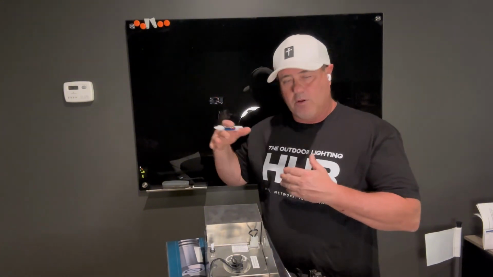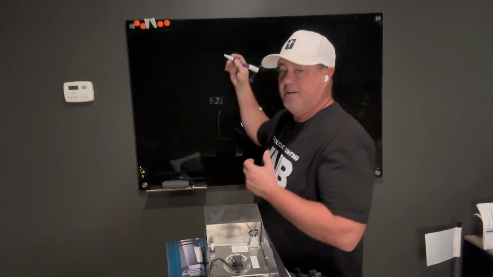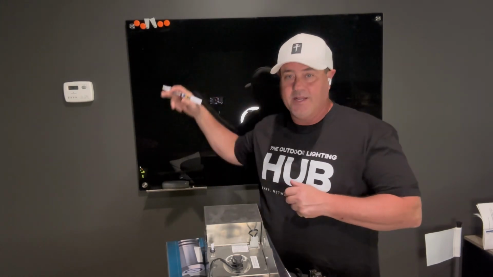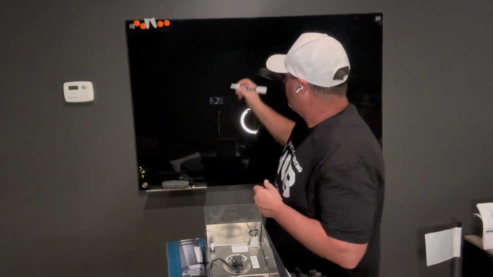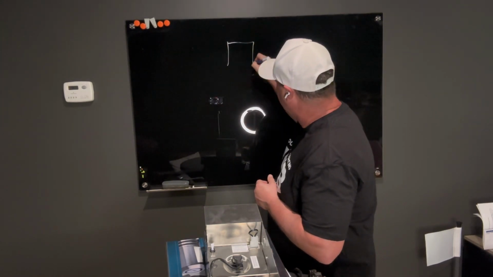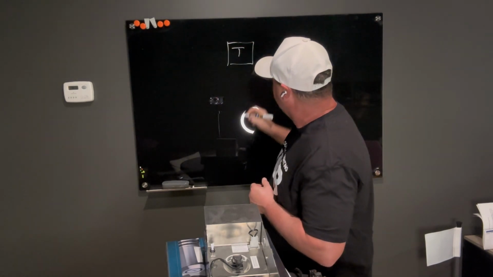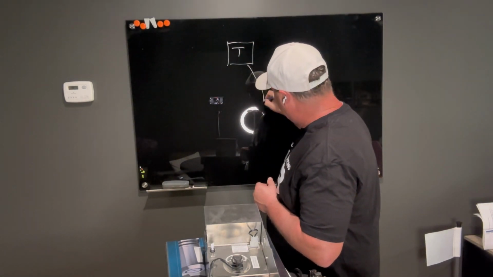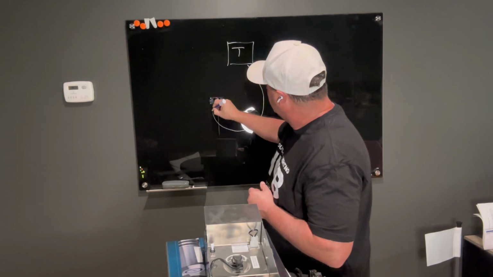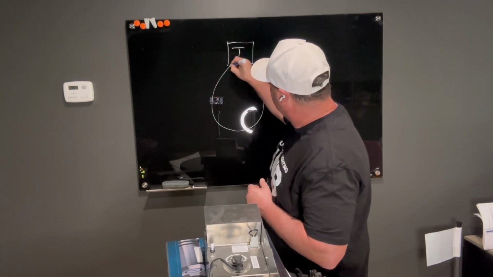So the first thing that you need to understand is the flow of electricity and what a circuit is. Basically, a circuit is just a completed loop from your power source. If I have a transformer here, my power comes out, around, and back to it.